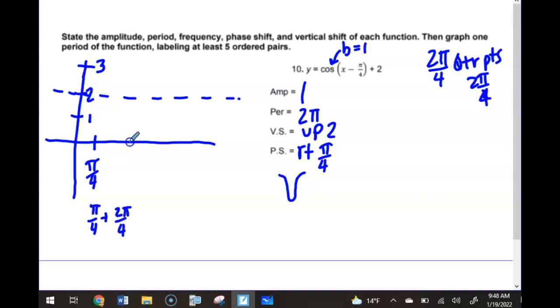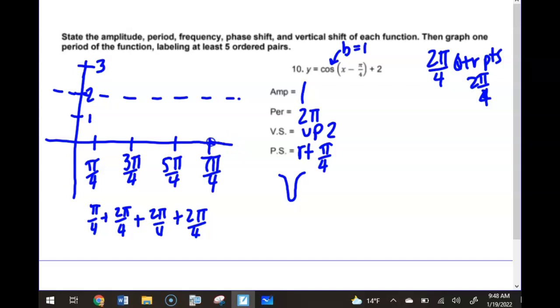Guys, 1/4 plus 2/4 is 3/4, plus 2/4 more is 5/4, plus 2/4 more is 7/4, plus 2/4 more is 9/4.